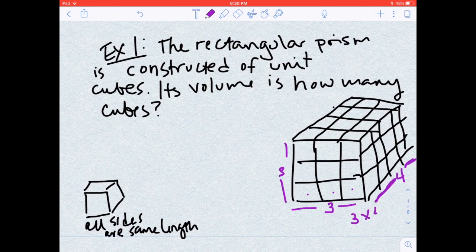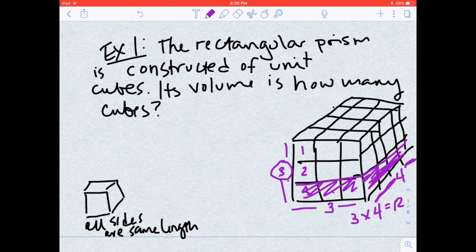So I have 3 times 4. So on that bottom row, if I cut this cube in slices, and this was 1 slice, I would say that this bottom part would be 12 cubes. I can't see the 12 cubes, but I can guess that there are 12 cubes. So then I multiply those 12 cubes by this 3, because I'm saying, well, I have 3 layers, 1, 2, 3, of 12 cubes.